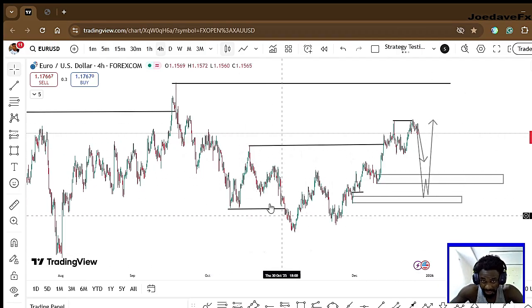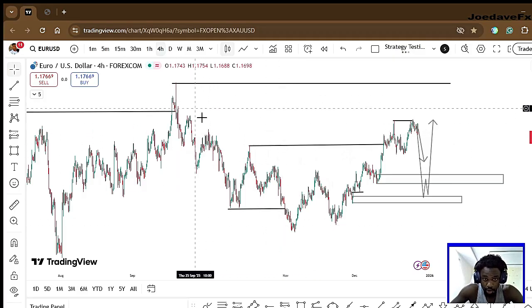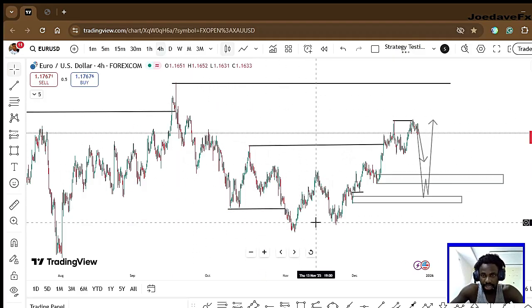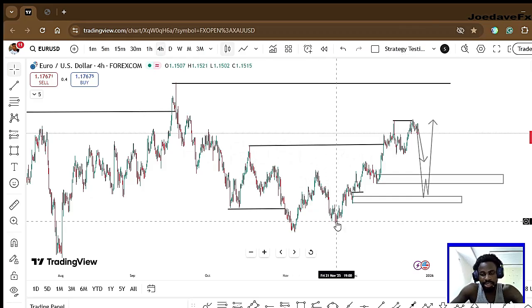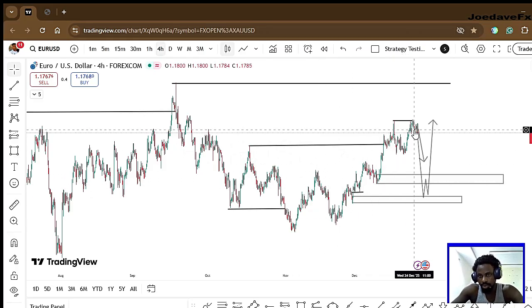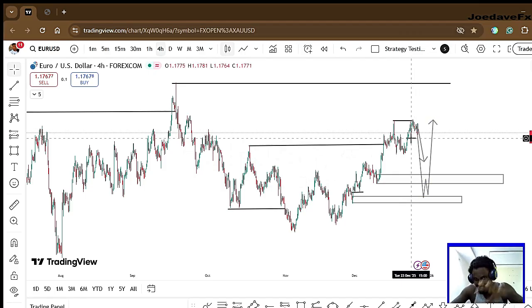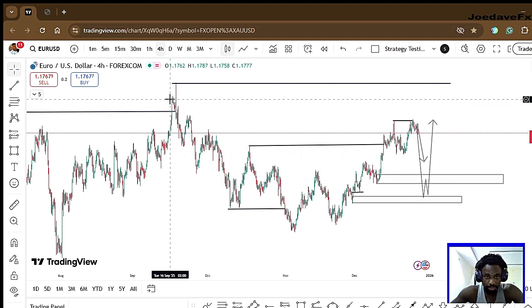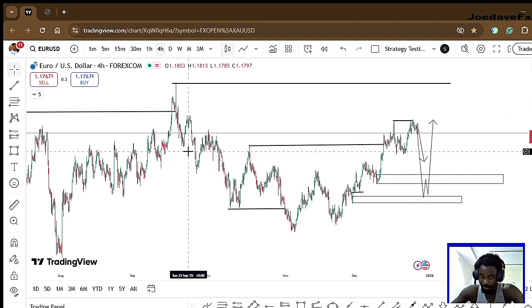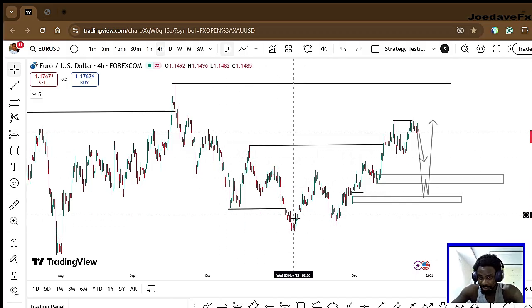Once you see this very deep pullback, where price dropped rapidly like this, if price wants to buy, the buying strength should not be a shallow pullback like this. This means buyers are not yet fully in the market. This was a very massive drop, shallow pullback, drop, pullback, drop. So this was a heavy pullback.